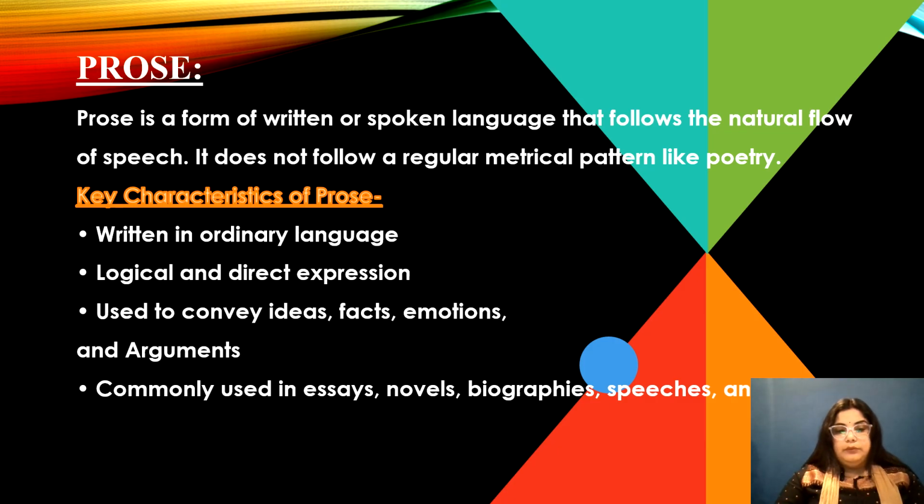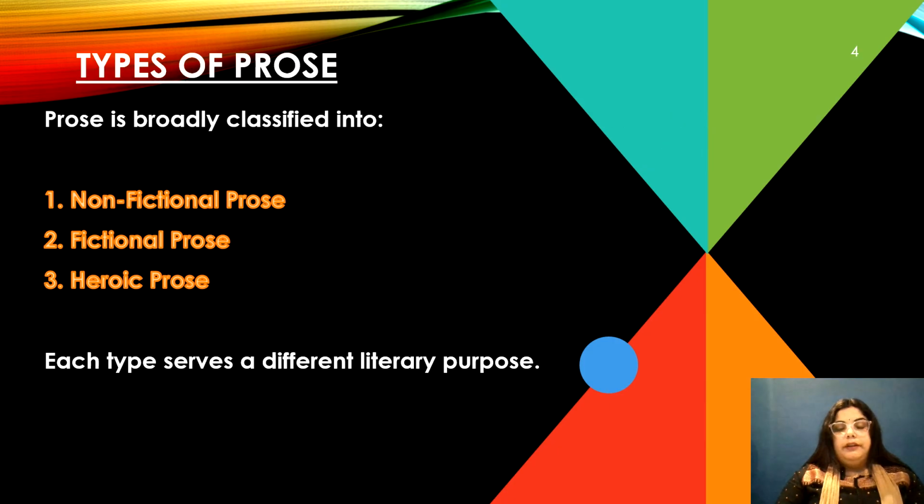So let's move forward. Now we'll see the classification of prose. Broadly, it can be classified into three categories. The first one is non-fictional. Non-fictional prose is a kind of prose which is based on facts and reality.